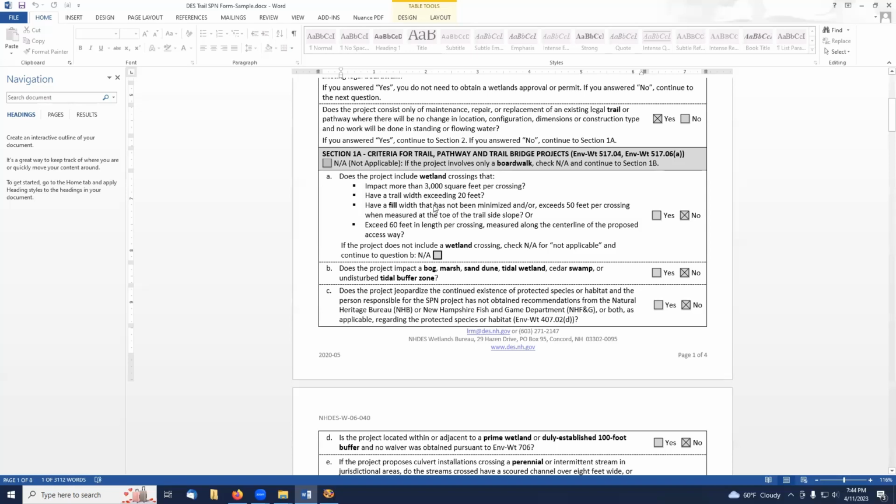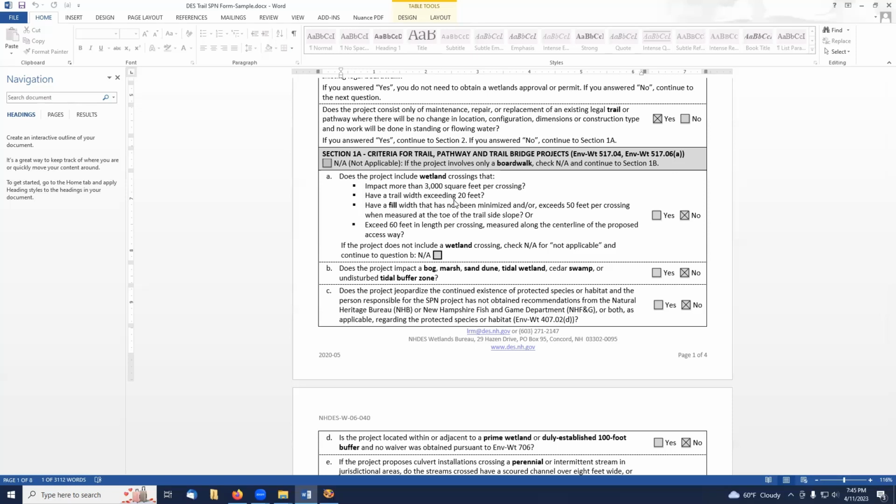But on this particular permit, if your wetland is less than 60 feet in length, then you can cross through it. You can fill it and you can cross through it. So when you file this permit, you're going to want to take pictures of it, and you're going to want to put it on your map, and you want to tell them what the length of it is.